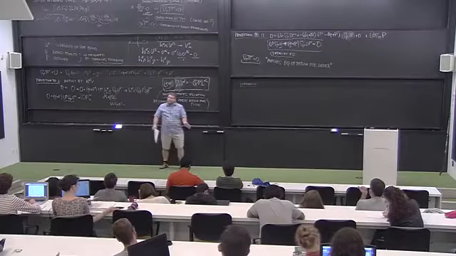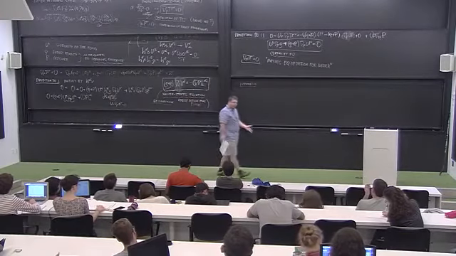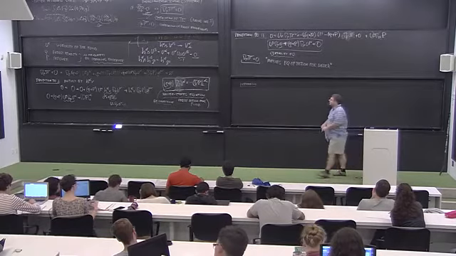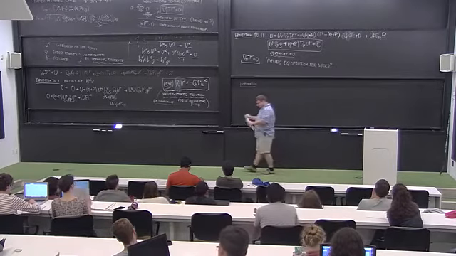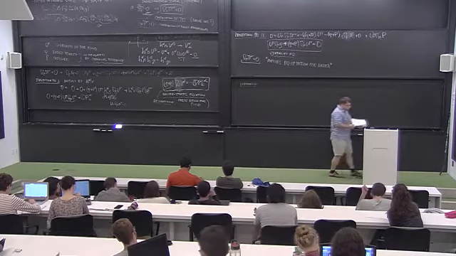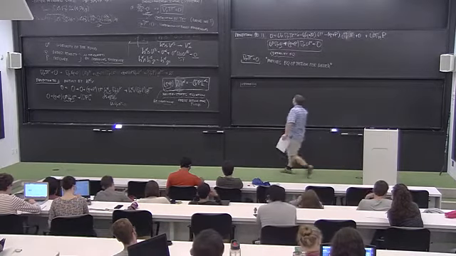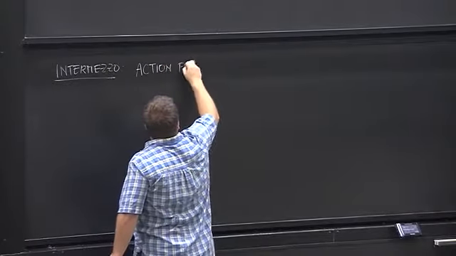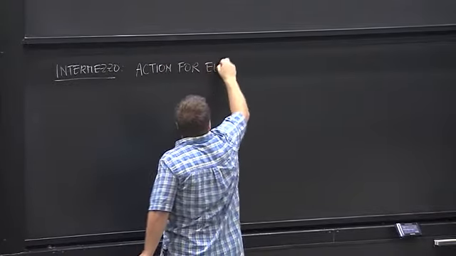So the next step is to see what is the equation of motion for the gravitational field itself, right? But it's actually useful to look at the electromagnetic case first. And so intermezzo, let's call it action for electromagnetism.